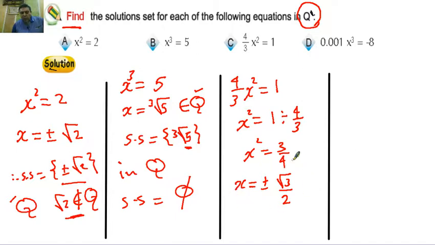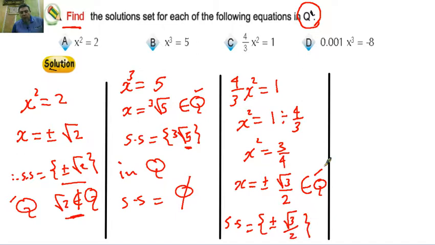This number belongs to Q dash, not to Q, because the square root of 3 is not a perfect square. Then the solution set in Q dash equals positive or negative square root 3 over 2.